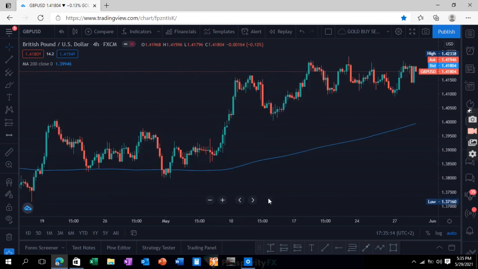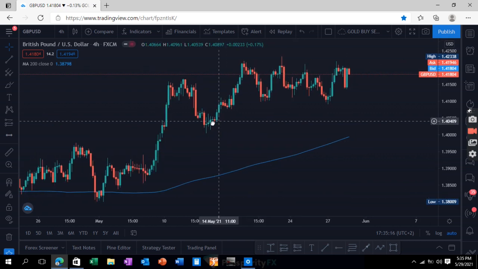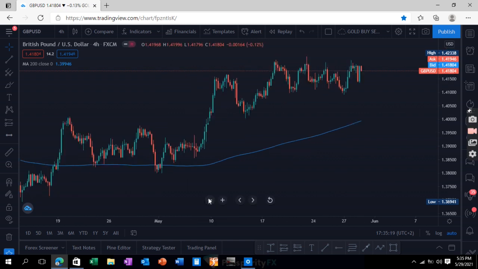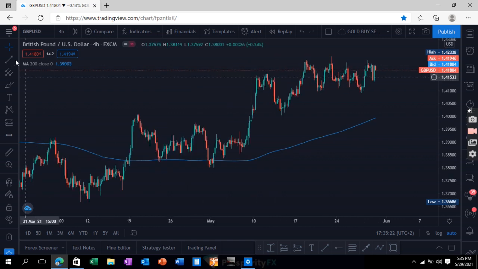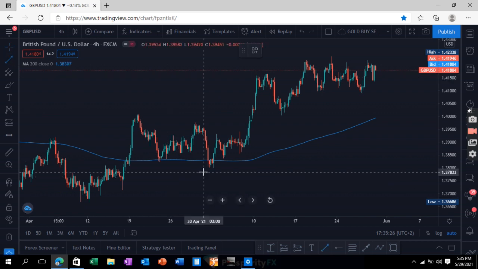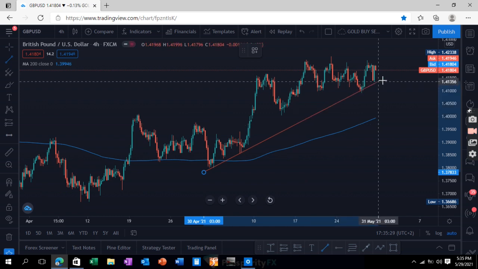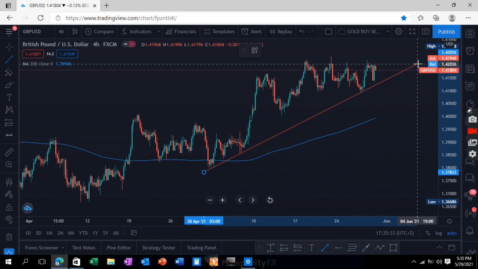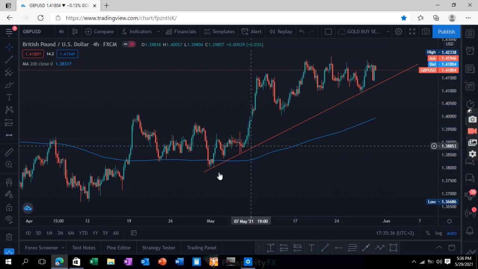Let's see if we can draw a trend line. Since this is an ascending market, let's see if we can draw an ascending channel, an ascending trend line. What if we can connect those areas there? I think it's possible we can do this. Yeah, so that's our trend line.